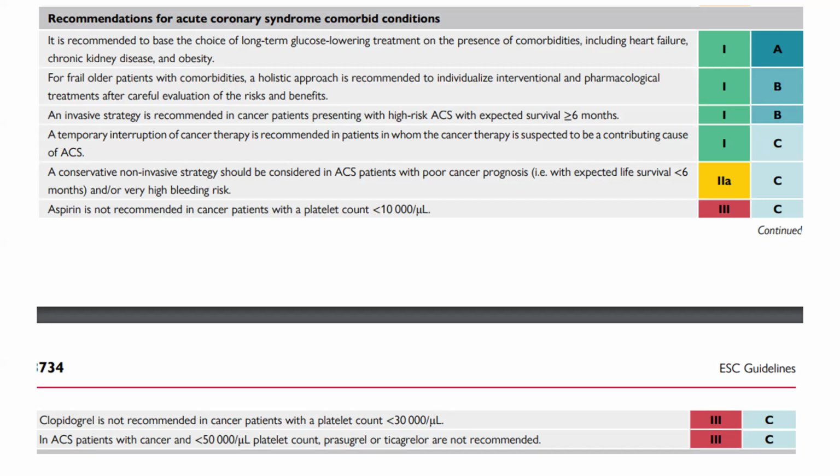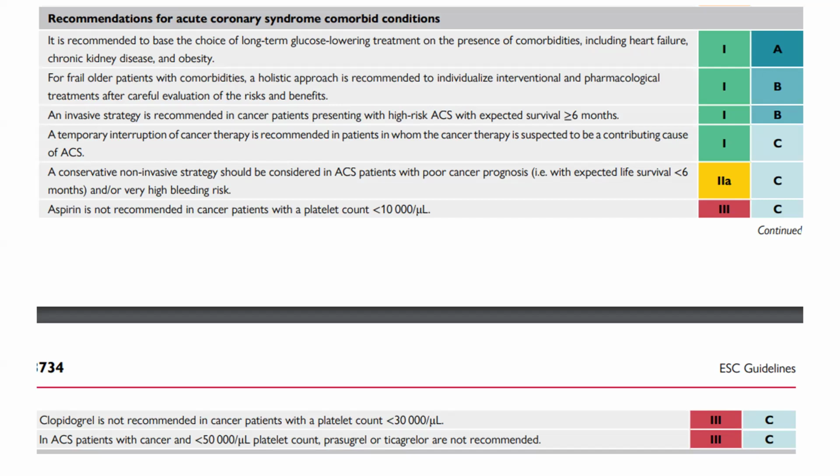And if the chemotherapy or the treatment being offered to the patient is also contributing to the ACS, then the recommendation is to temporarily interrupt that treatment. That is the level of recommendation. The class is 1. Now, a conservative non-invasive strategy should be considered in ACS with poor cancer prognosis.